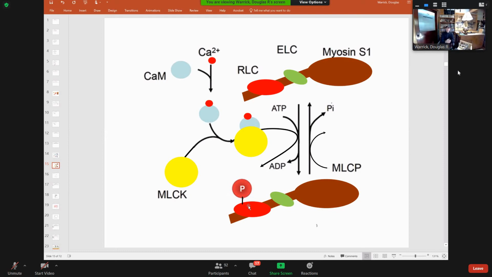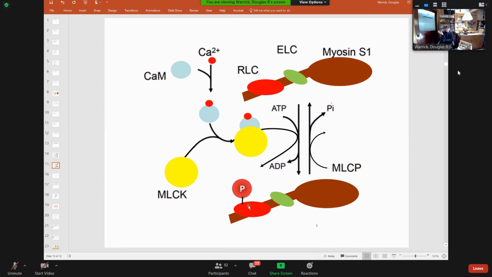Turns out that that regulatory action of the regulatory light chain, when it gets phosphorylated, it potentiates the myosin head. And actually, it's the supercharger. It makes the force that the myosin head produces larger.